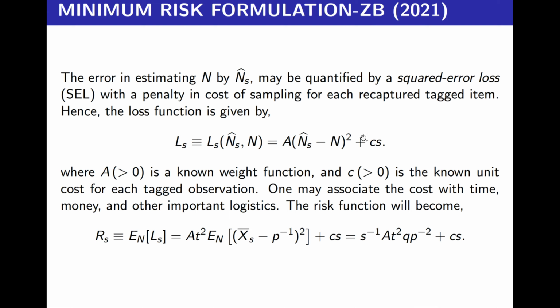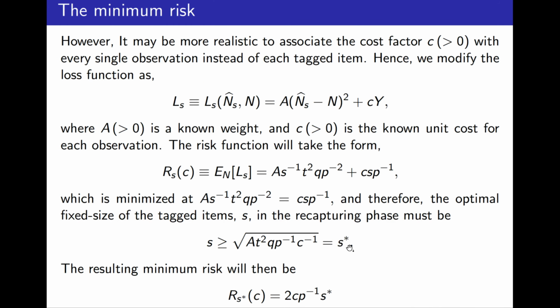In that case we have the advantage of incorporating a cost in sampling, and the risk is given by this quantity. Since we are minimizing the risk, the optimal choice for S will be given by this.